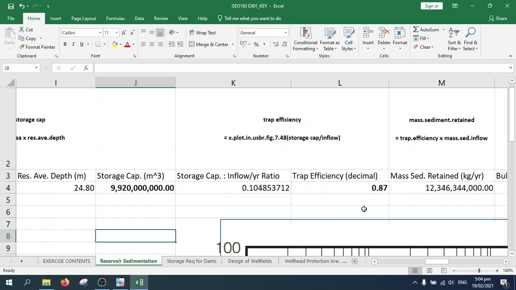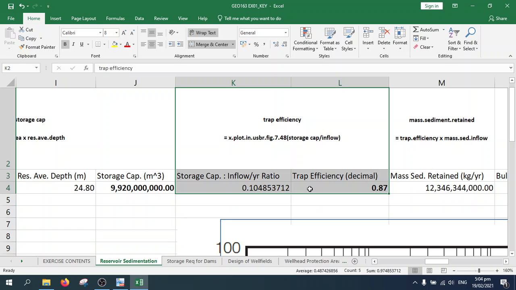Let's move on to the trap efficiency. As discussed in the lectures, trap efficiency is important because it essentially tells us how much percent of our sediment inflow will be retained or accumulated. Note that for sediment going into the dam, only a portion of it will accumulate in the dam, and another portion of it will outflow from the dam.